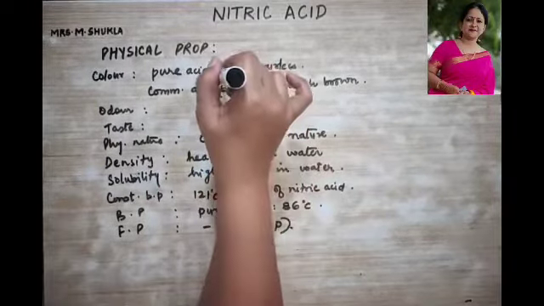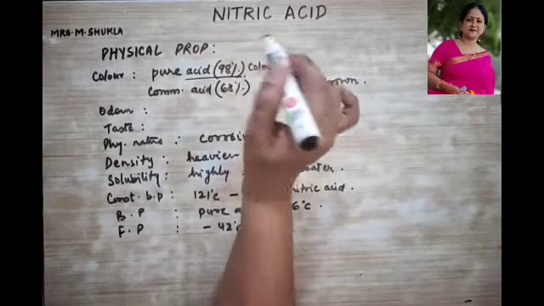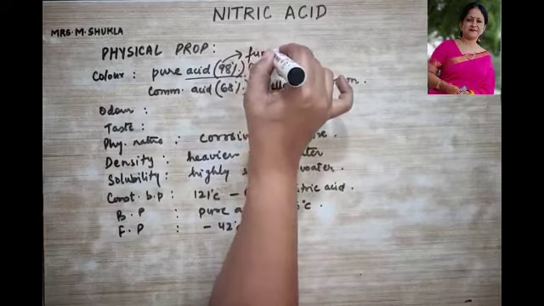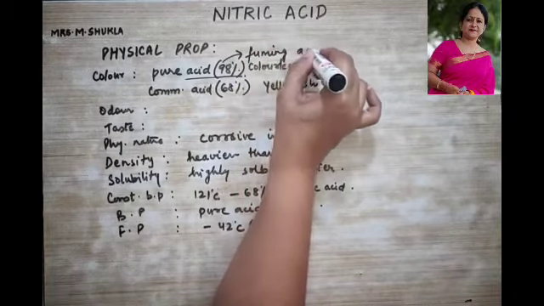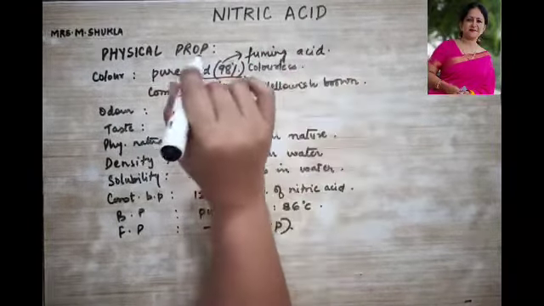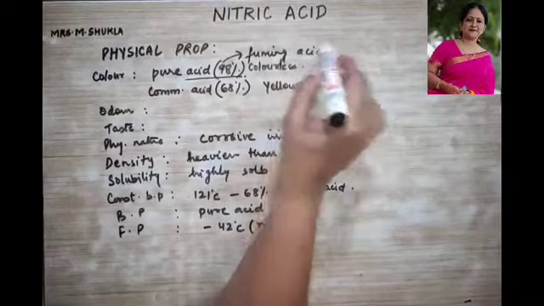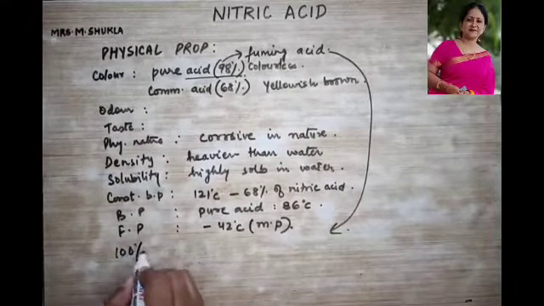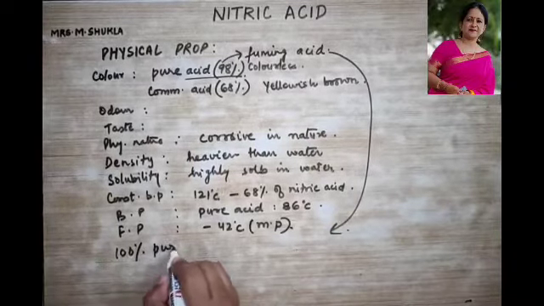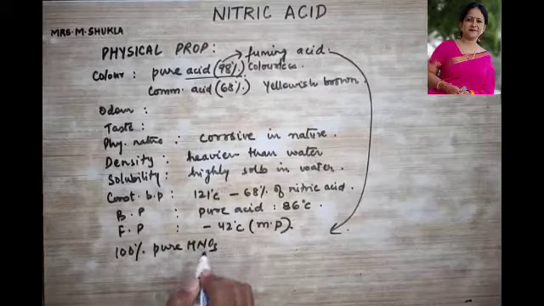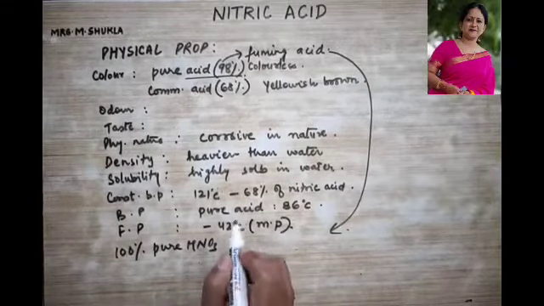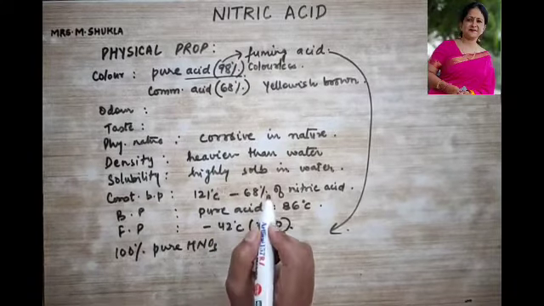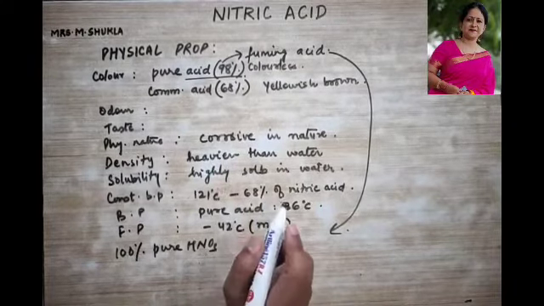So this 98% pure acid that I have written over here is also called fuming acid. Clear? And from this fuming acid, we can also obtain 100% pure HNO3. How can we obtain this? By cooling this 98% acid, we obtain colorless crystals of pure nitric acid.